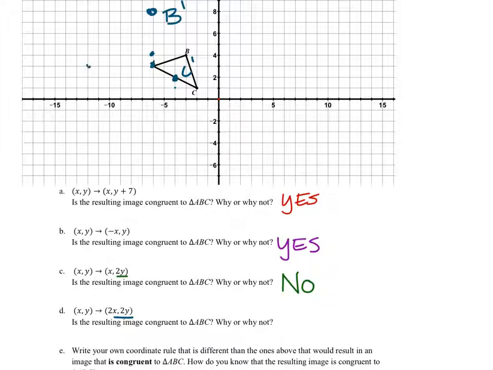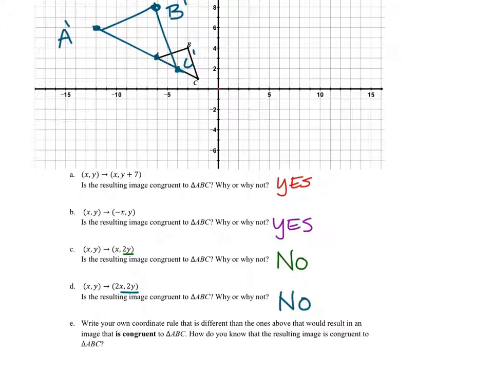So the new x will be double that, and the double y will be right here, A prime. Now here's the thing: this is the same shape, but it is not the same size. It's just made bigger. So the answer is no, because they're not congruent, because the sizes do have to be the same. But, and we'll get into this in a different lesson, they are similar.